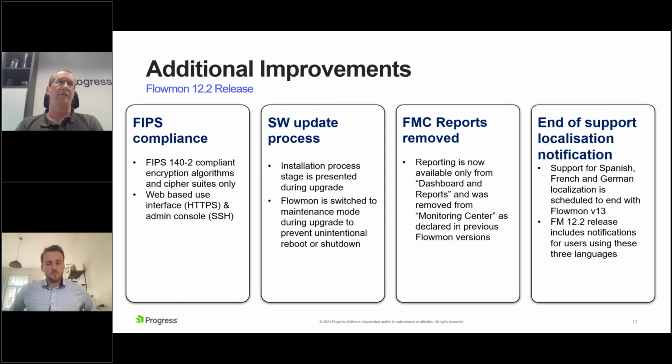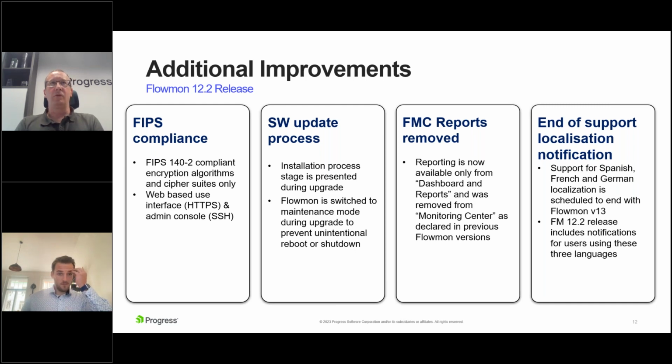We have tightened the security in a way that the web-based user interface over HTTPS and the SSH console for admins will speak only FIPS 140-2 compliant encryption algorithms. So you need to make sure that you're using the latest browsers or latest SSH clients so you can really connect to the Flowmon appliance.